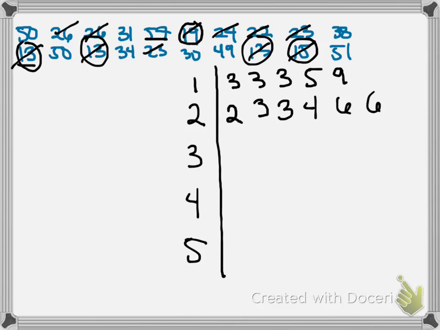Looks like we have 30. And even if it's a value that ends in a 0, you still have to account for that 0. So our first leaf in this row will be a 0. And then we've got 31, 34, and 38. So that's what that row is going to look like.